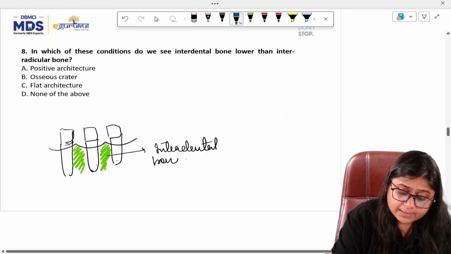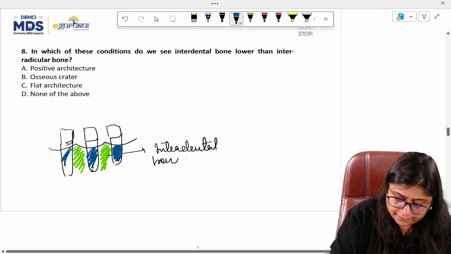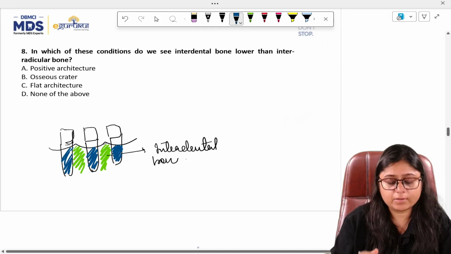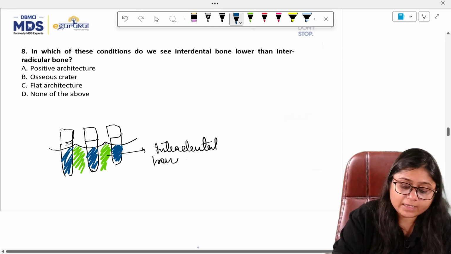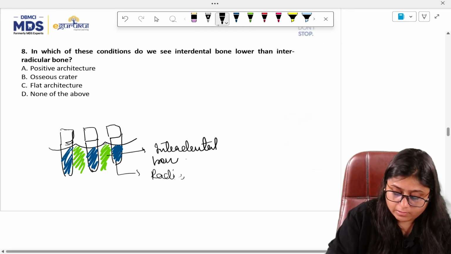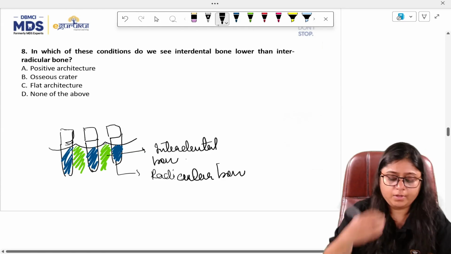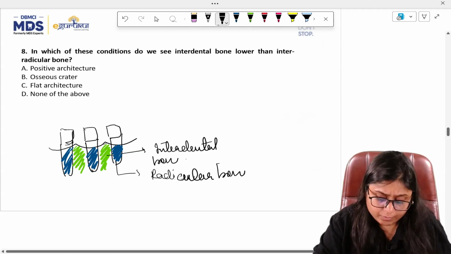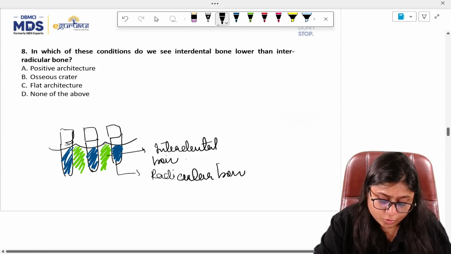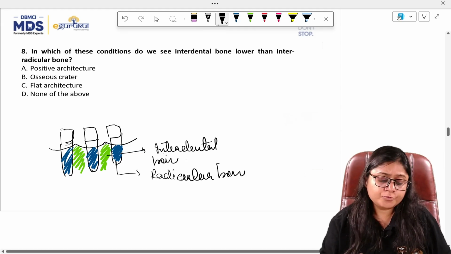And the bone present on the root surface of the tooth, covering the root surfaces, is called the radicular bone. Now, if this interdental bone is at a more coronal level than the radicular bone, it is called positive architecture.